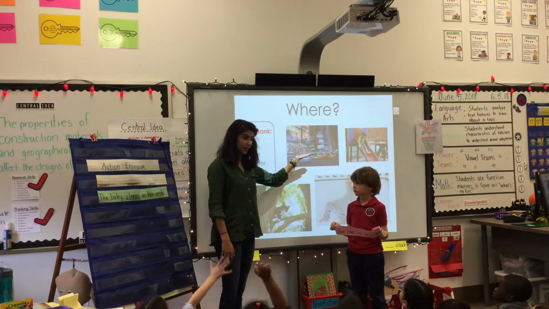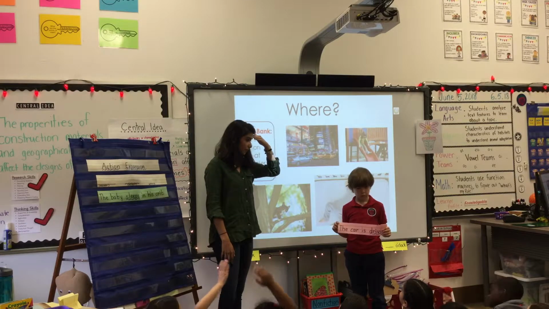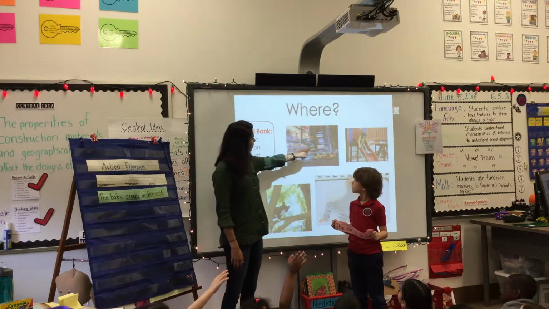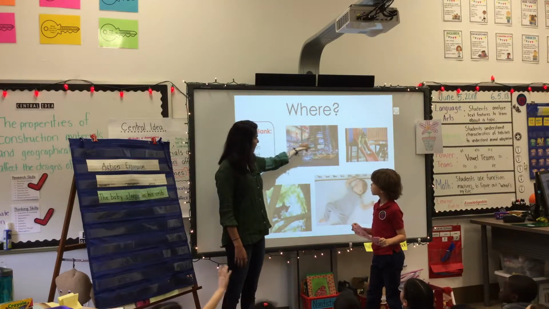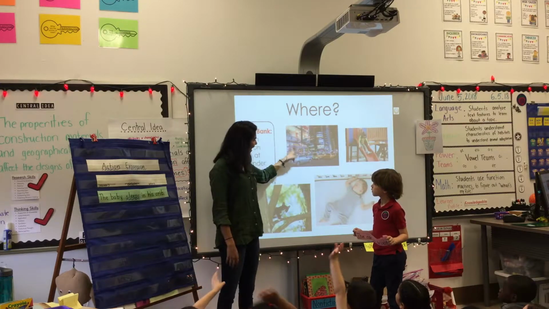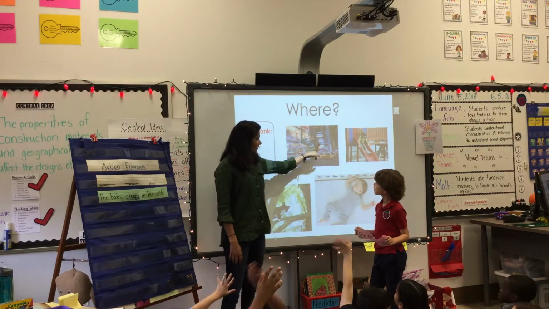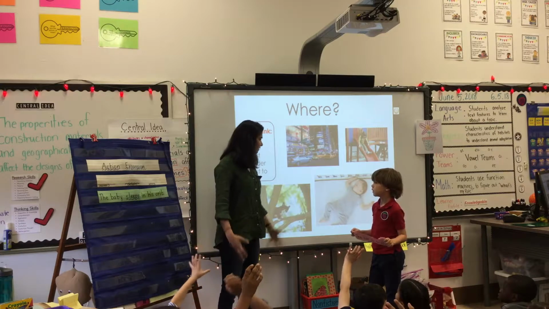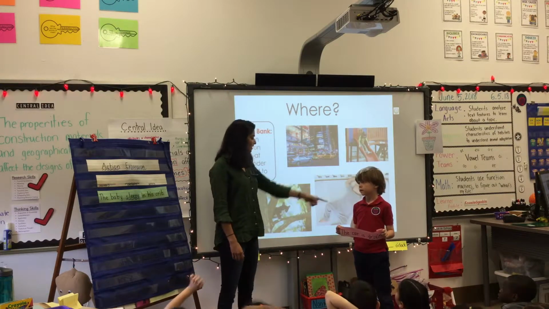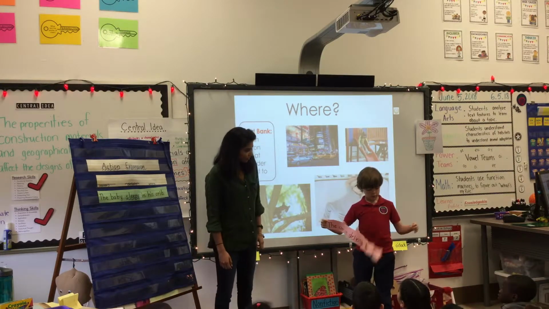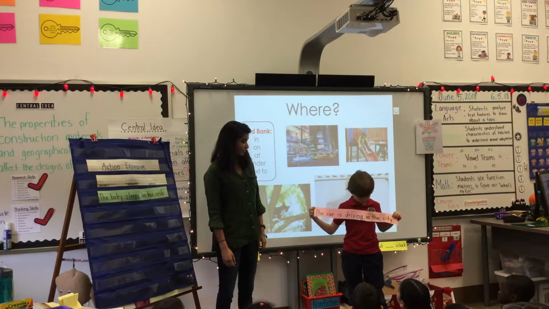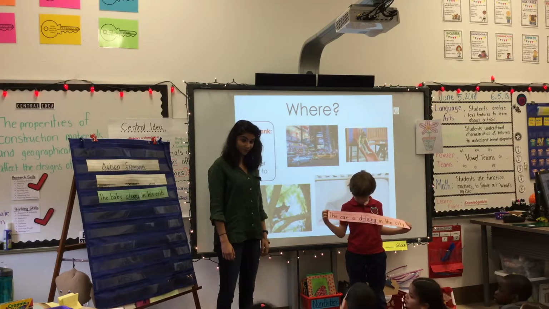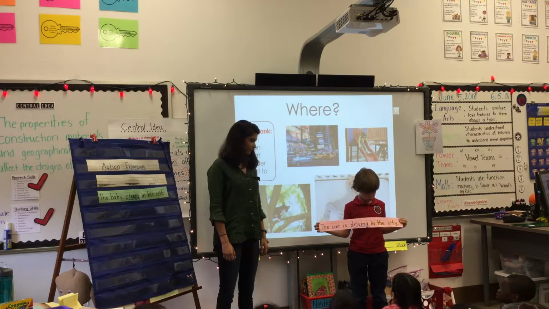That gives us a good picture. Can you go into a little bit more detail, thinking of where exactly this is? In the city. The car is driving in the city.